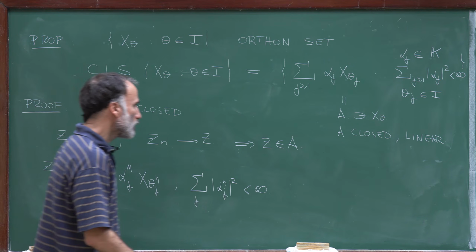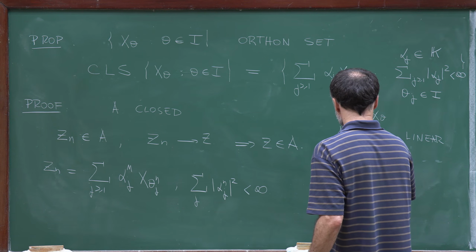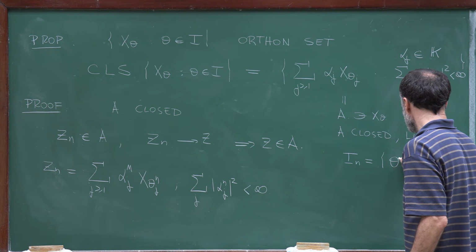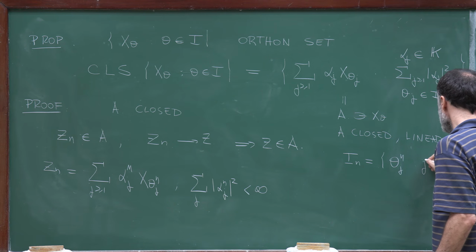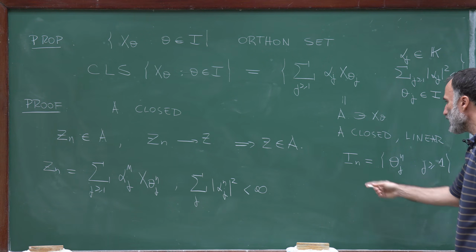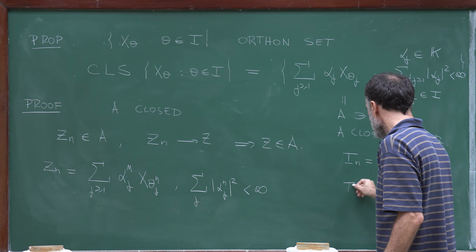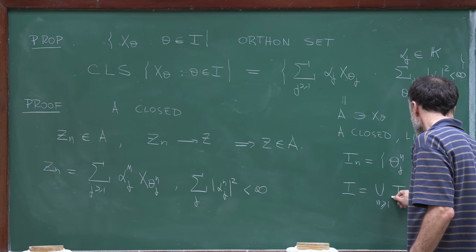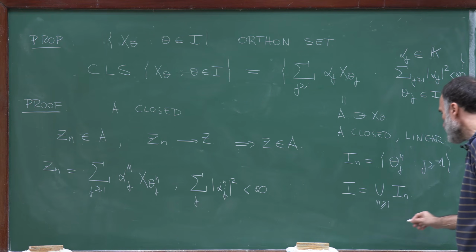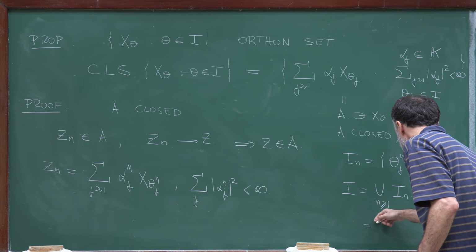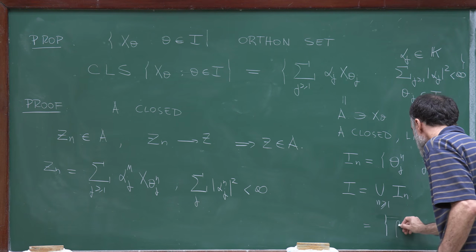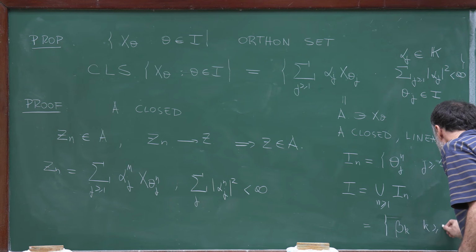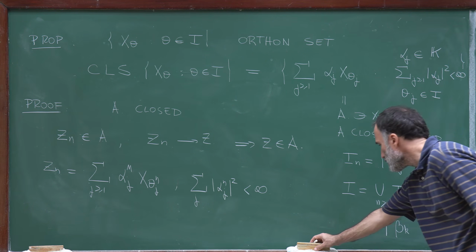Fine. So let me call Jn this set, the set of theta n j for j larger than 1. So this set Jn is a countable set. Let me call J the union over n of the Jn. Well, it's a countable family, so let me call it theta k hat, k larger than 1.